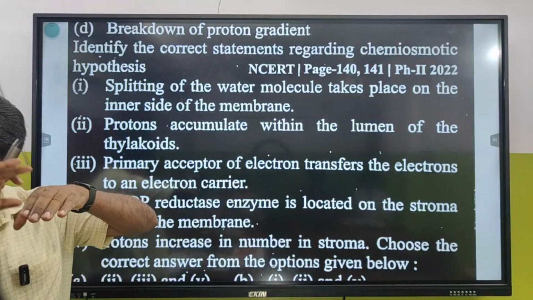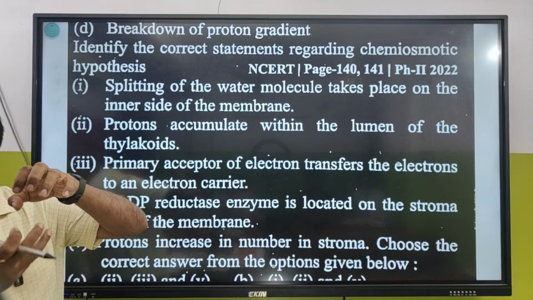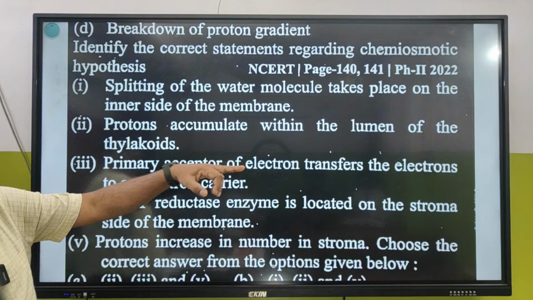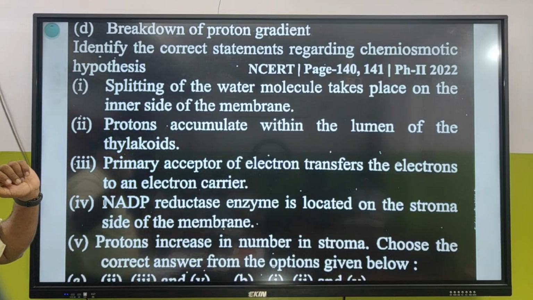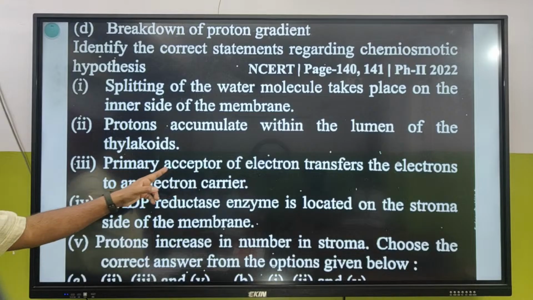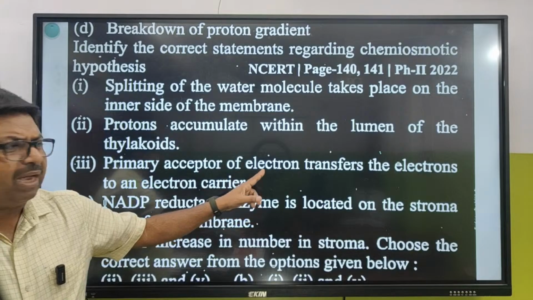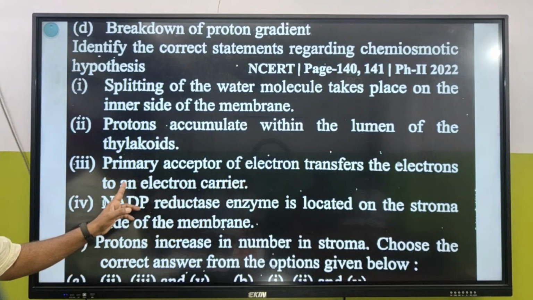PS2 is there on the granum thylakoid, so it is on the inner side. Okay. And then protons accumulate within the lumen of the thylakoid. That's right. Primary acceptor of electrons transfers the electrons to an electron carrier.